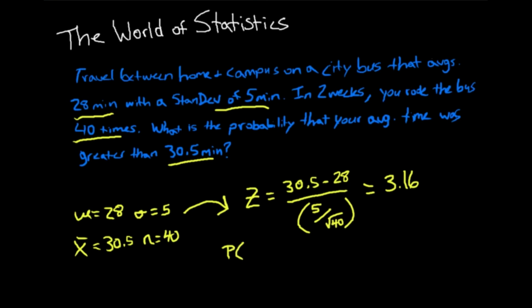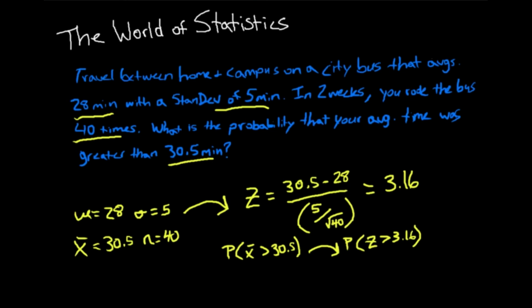So the question was, what's the probability that our time is greater than 30.5 minutes? Well, we transform that, so now it's the probability that z is greater than 3.16. So let's go ahead and jump over to the positive side of the standard normal table and then get this value.